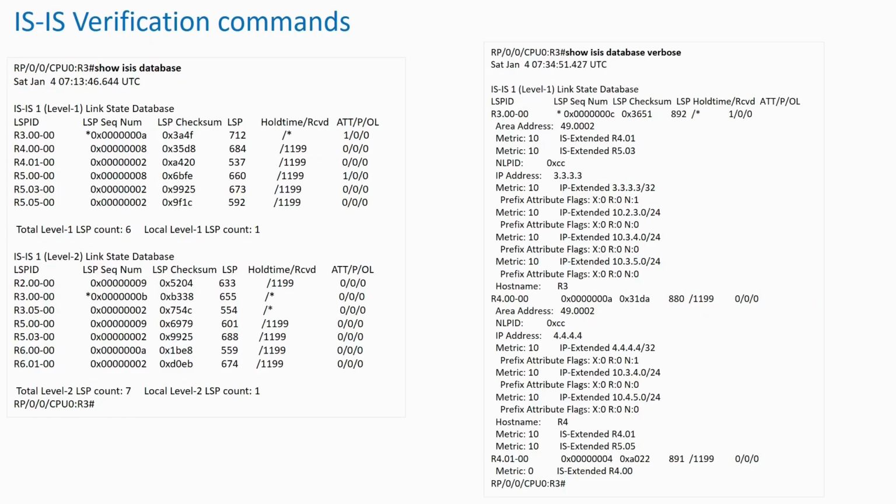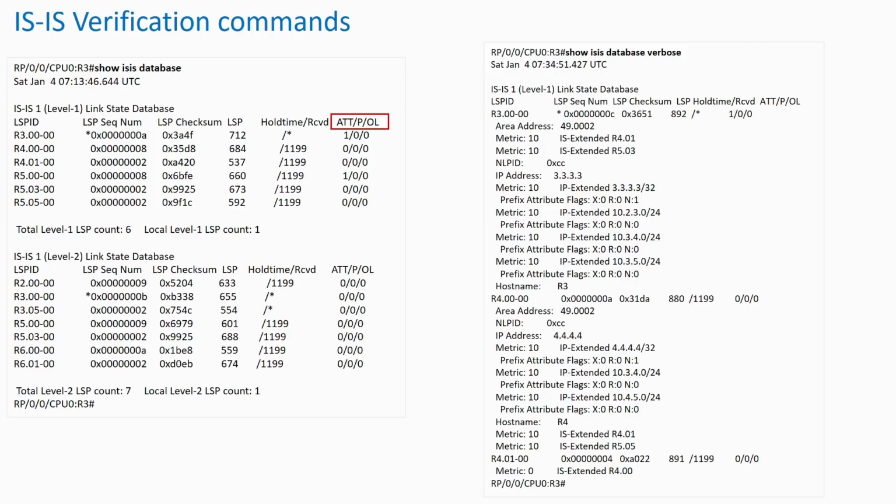One of the most important ISIS verification commands is show isis database and its variants. You can use the show isis database command to list the content of its L1 link state database and L2 link state database. You can use show isis database verbose to get more information about each LSP in the router's L1 link state database and its L2 link state database.